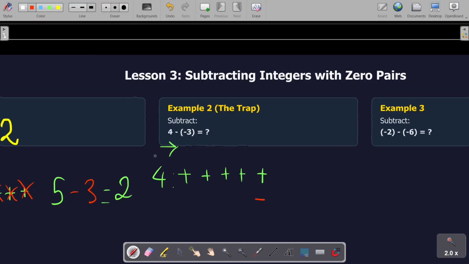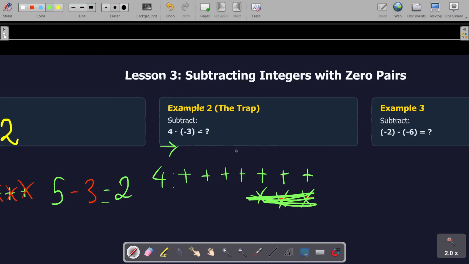So let's add those. We need to add 2 more zero pairs because now we have 3 zero pairs. Now we can subtract the negative 3 because we have those 3 negatives here. We're going to remove 3 of those negative counters because we're subtracting negative 3. So let's count what's left. Let's eliminate these with green. These are not counted, of course.